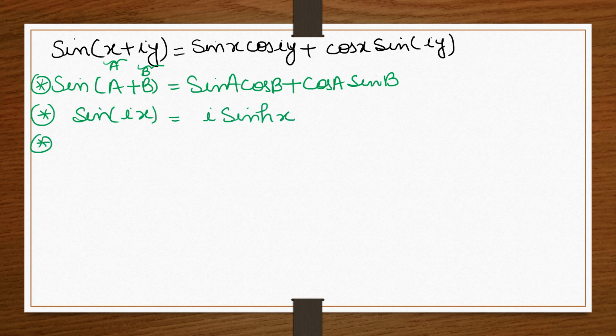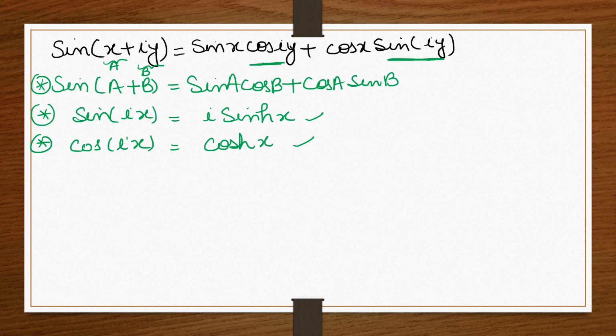And what is cos iota x? This cos iota x is equal to cosh x. Now just apply these formulas here. So cos iota y will be cosh y. Sin iota y will be iota sinh y.